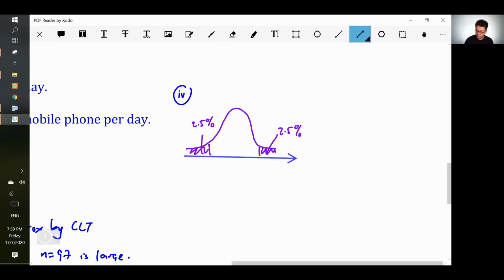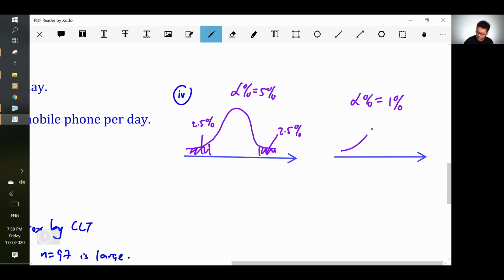The question now is, if you change this test, this is an alpha percentage of 5%. This is the alpha percentage when it's 1%. It means this curve would cut this side, and this area would be smaller. So this is half a percentage, 0.5%.